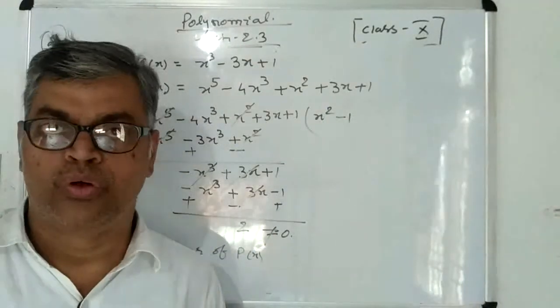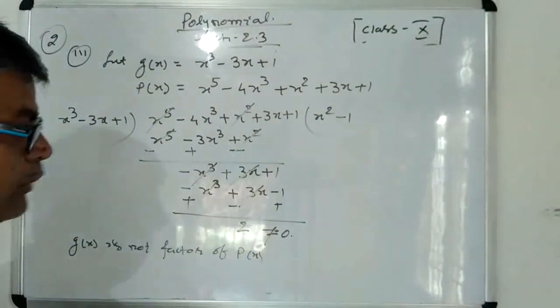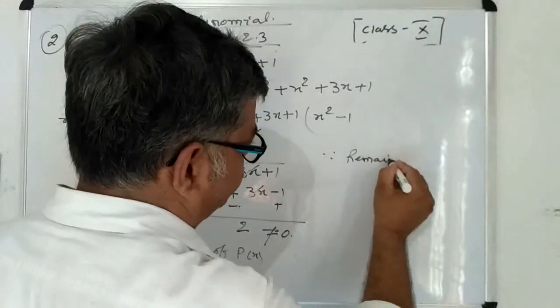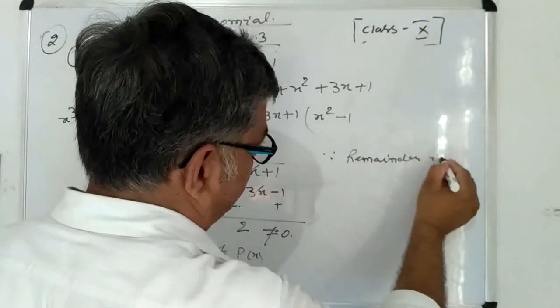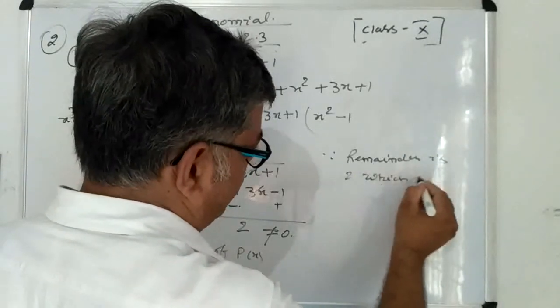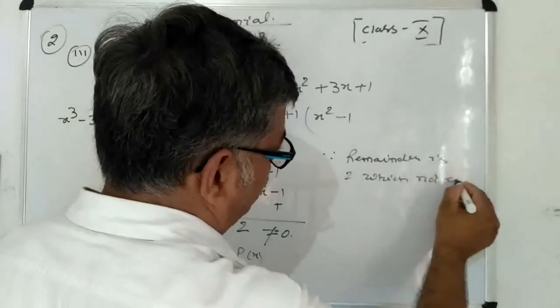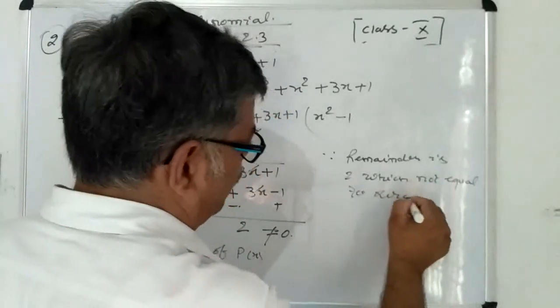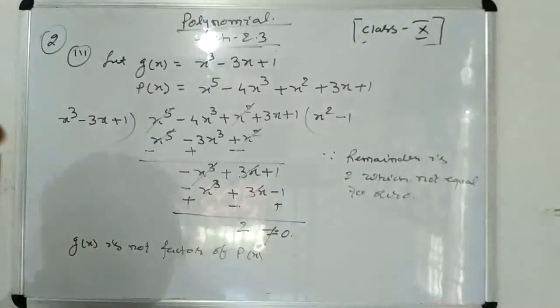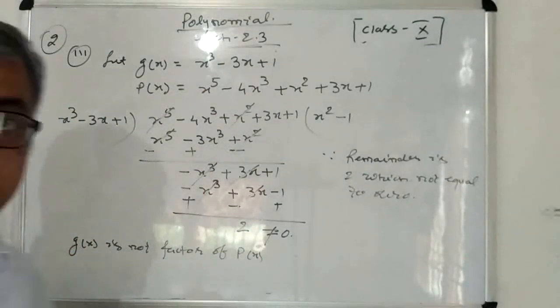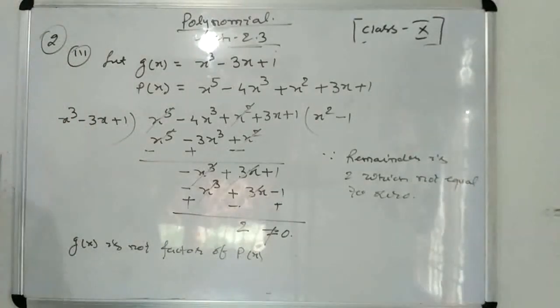It is 2. So you can write here, since the remainder is 2, which is not equal to 0, we can conclude that our expression g(x) is not a factor of p(x).